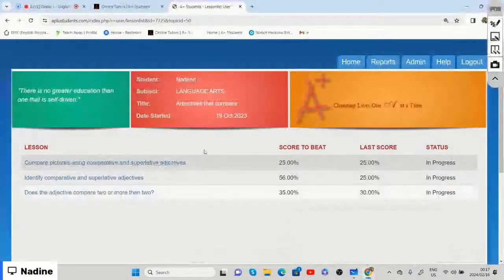We said our chapter is adjectives that compare, and if we go into the first lesson, it says compare pictures using comparative and superlative adjectives.